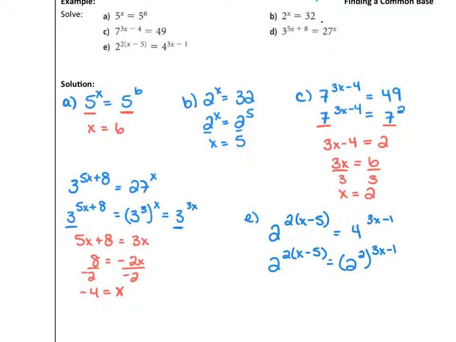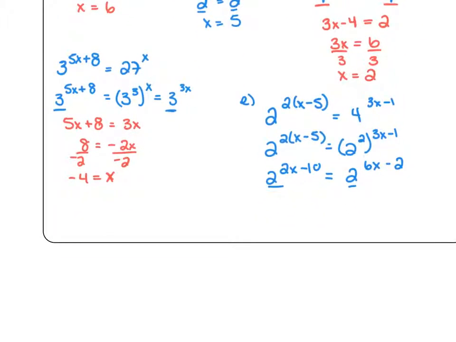So I have to multiply that one out, and I do have to multiply this one out as well. So I'm going to make it 2x minus 10 equals 2 times 3x is 6x, 2 times minus 1 is minus 2. Now they're the same, so I'm going to drop them and just solve the exponent part.